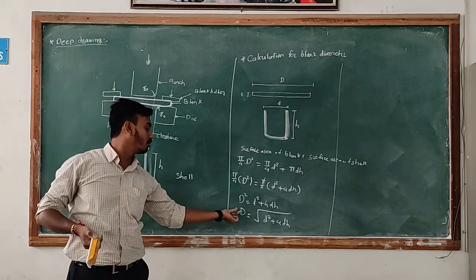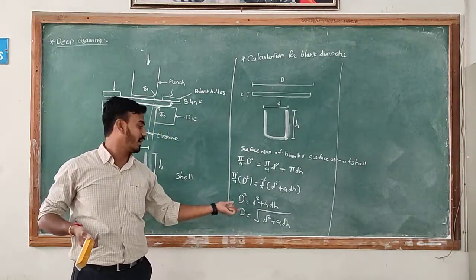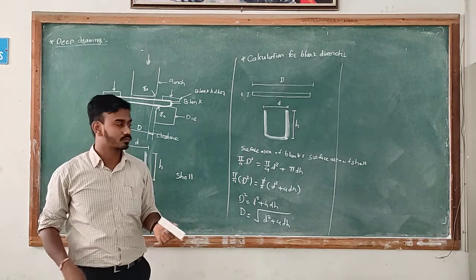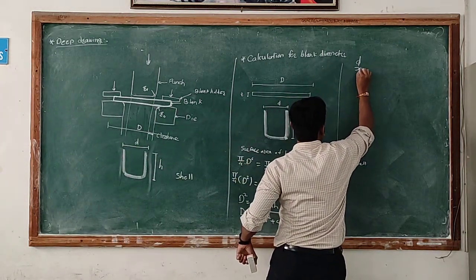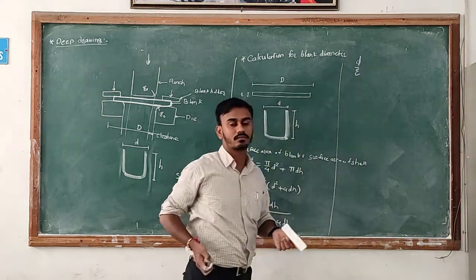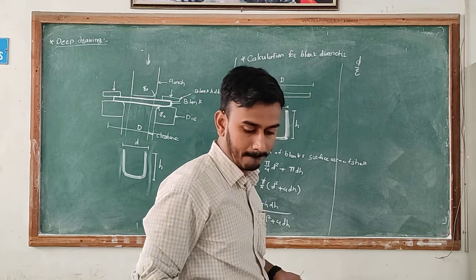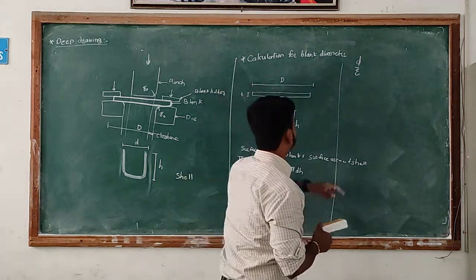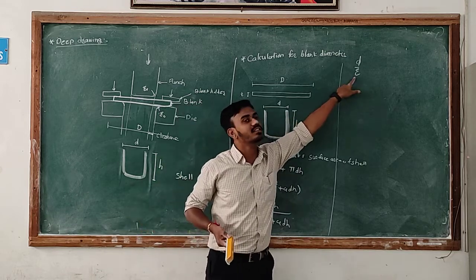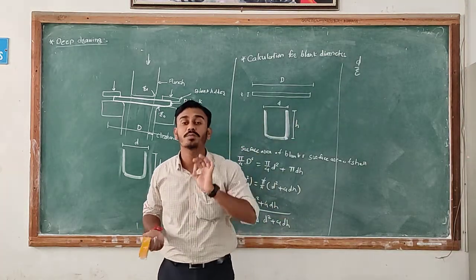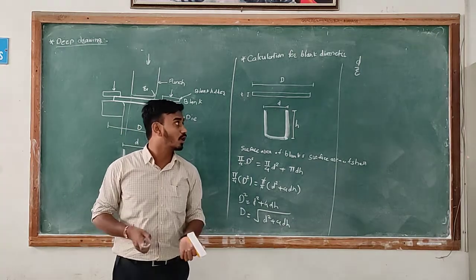There are different formulas for different cases. Here d by r: d is the diameter of the shell and small r is the radius of the corner.